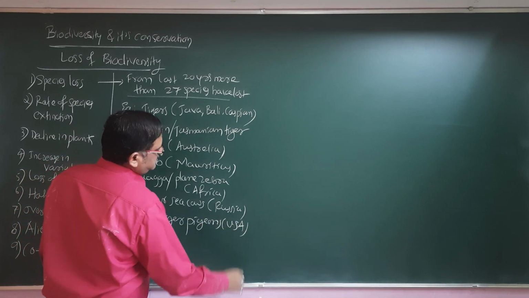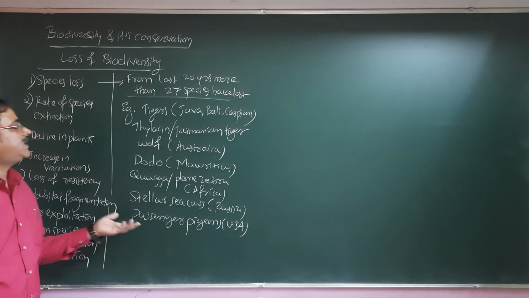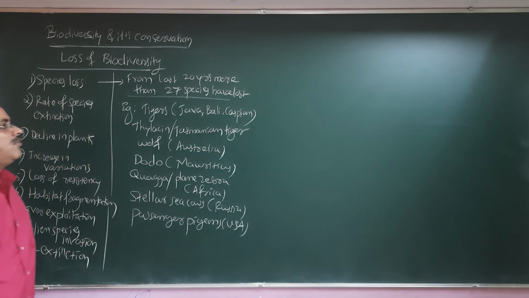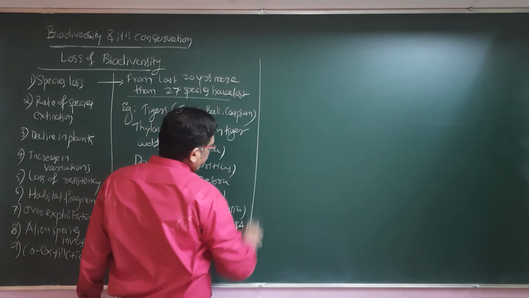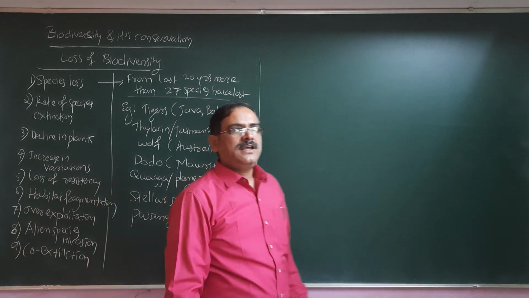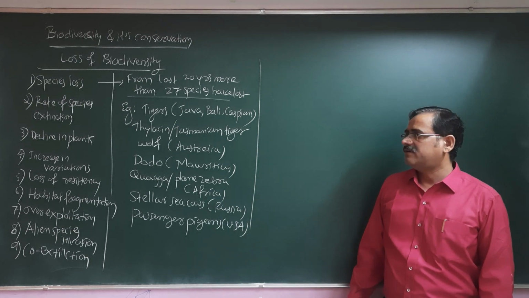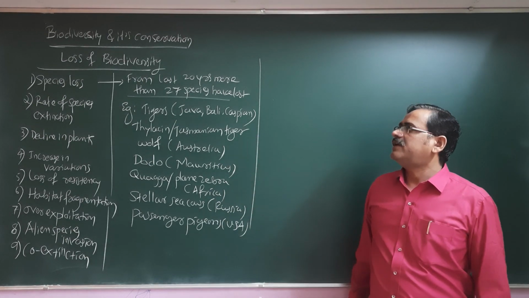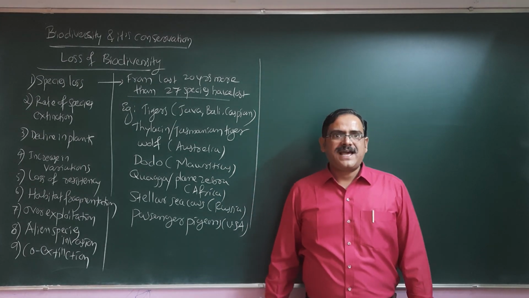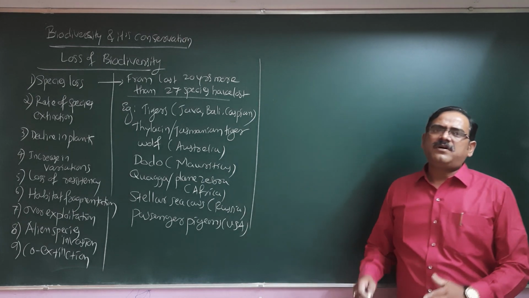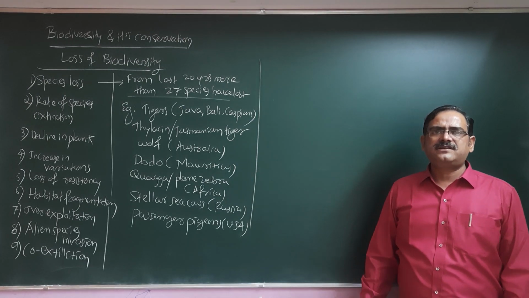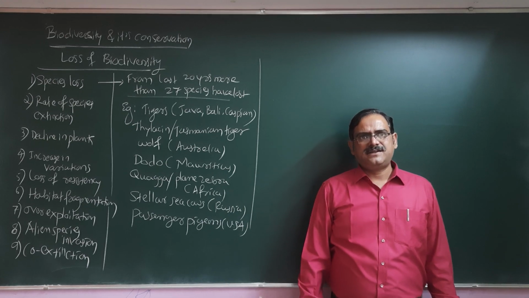So all these species have disappeared from nature because of the over-greediness of humans, over-exploitation and killing them every now and then for one reason or another. This is what we call species lost. There are also a number of species that do exist with a lot of threat.